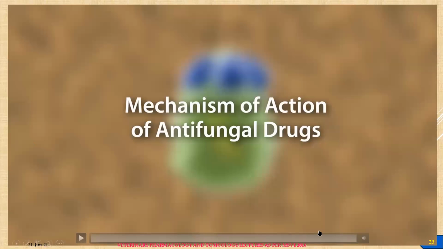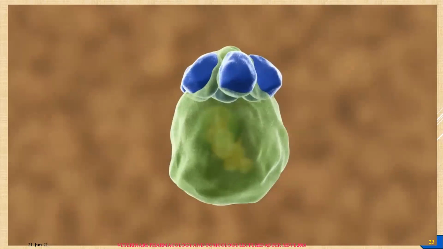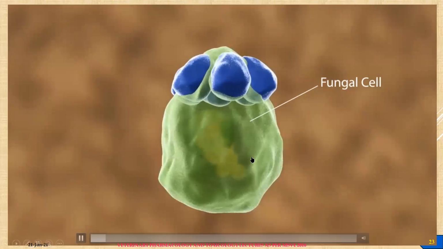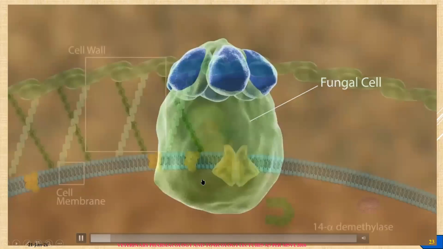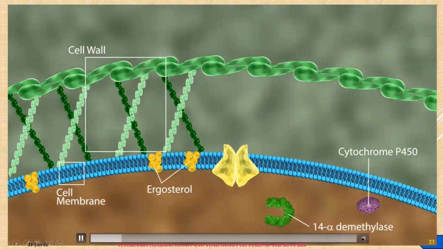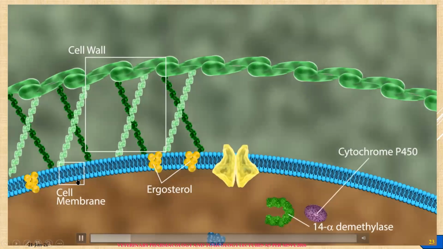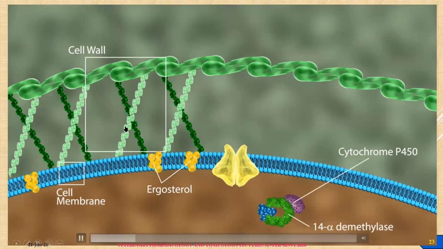We will now see the graphical representation of the mechanism of action of the general antifungal drugs. The fungus has a very specific cell wall, containing the cell membrane, and inside the cell membrane are the ergosterols.